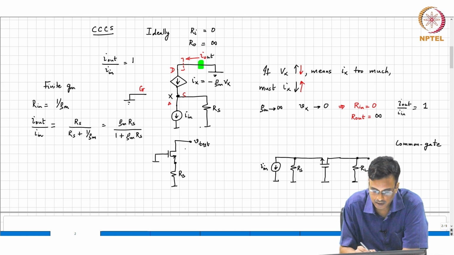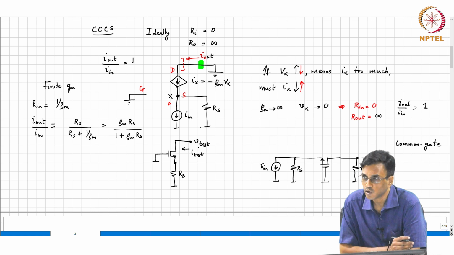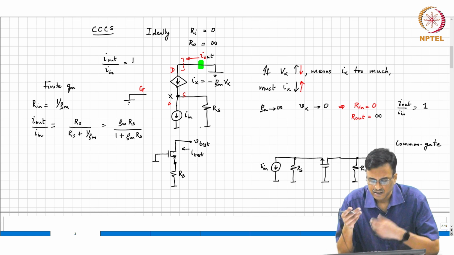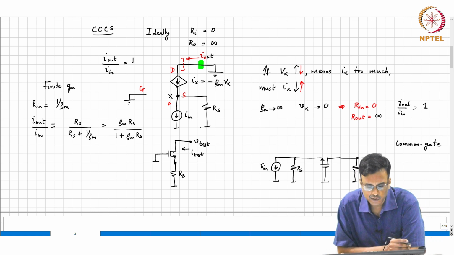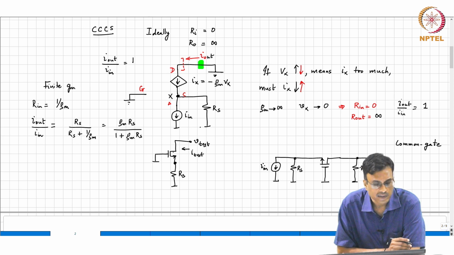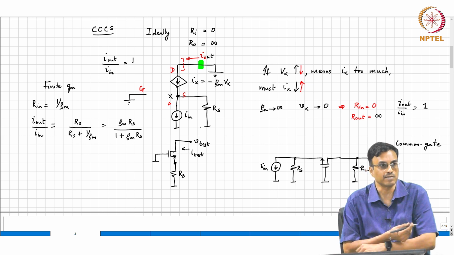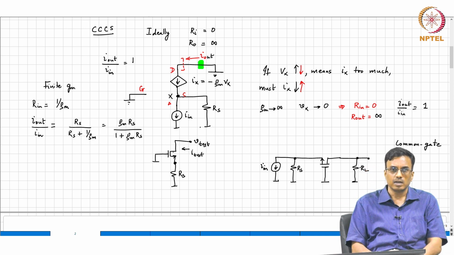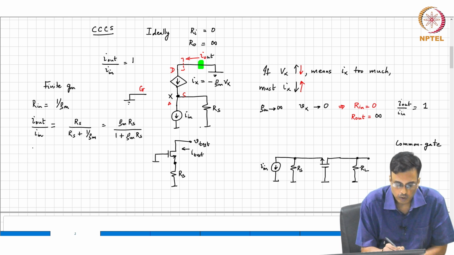What is Itest? Itest is 0. Why? In our model for the transistor, we assume that the current in the drain is independent of the drain potential. So, you wiggle the drain, there is no change in the current, and therefore, Itest is 0. So, the output resistance still remains infinite, even though the gm is finite. Okay, all right. So, Rout is infinite.